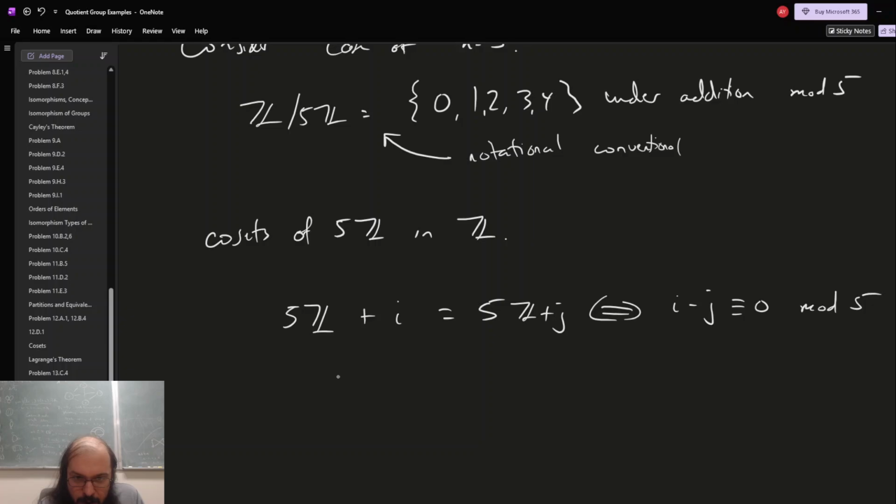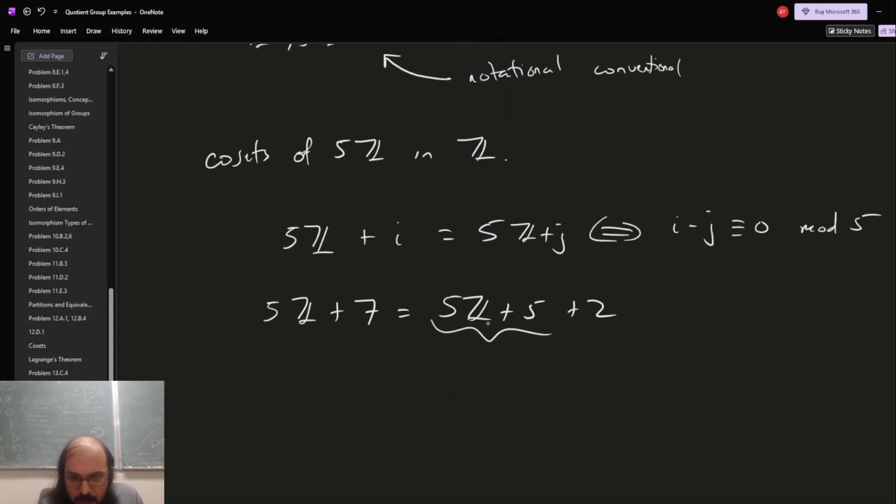Said a different way, if I choose I to be bigger than 4, 5Z plus 7 equals 5Z plus 5 plus 2, but 5 belongs to 5Z. That is a group element. And so that's the same thing as 5Z plus 2.